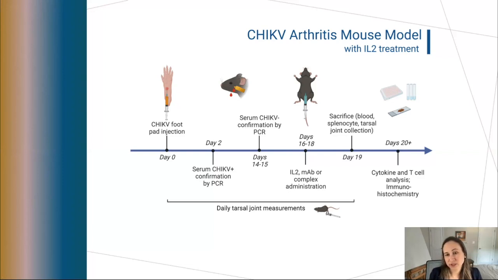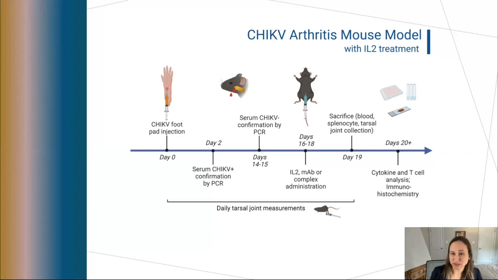And then we treated these mice with IL-2 monoclonal antibody and the complex of IL-2 and monoclonal antibodies. And on day 19, we sacrificed the mice and collected blood, splenocytes, tarsal joints, and did cytokine and T cell analysis and immunohistochemistry.